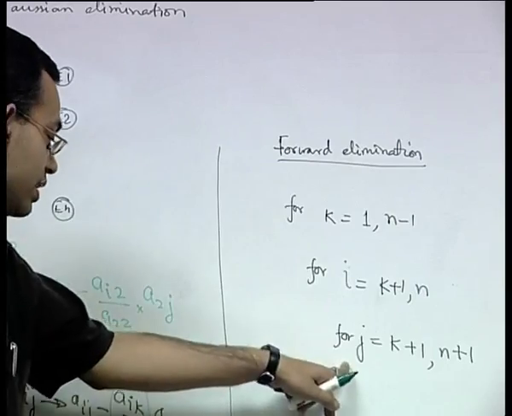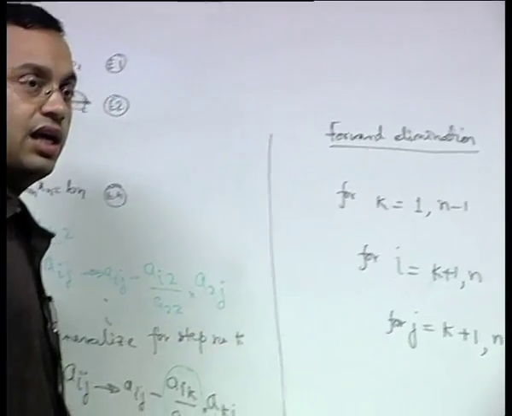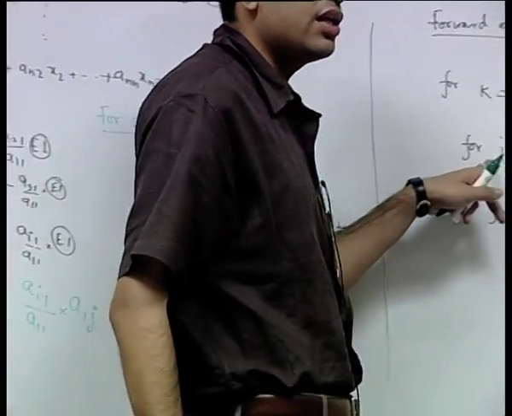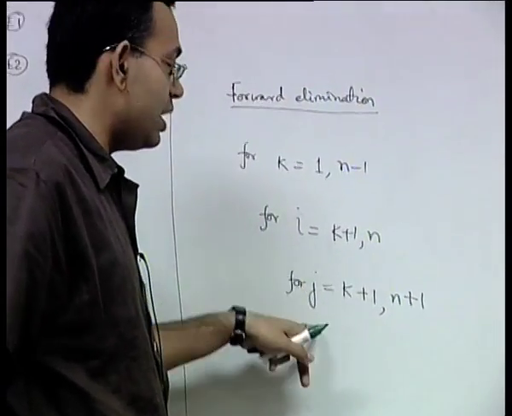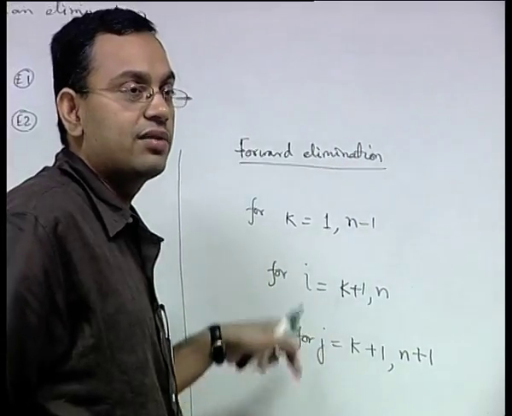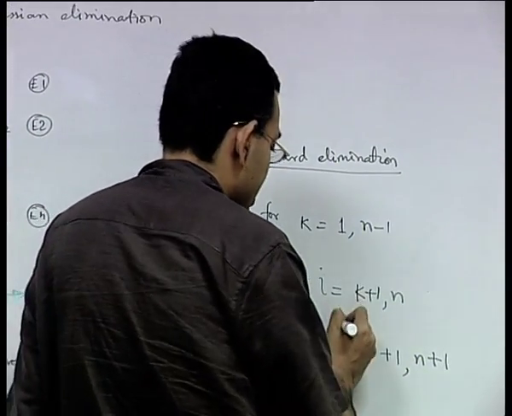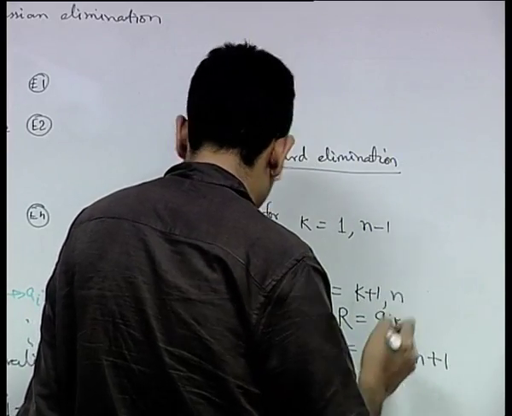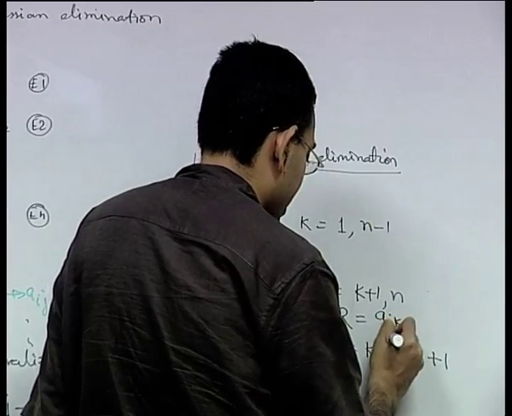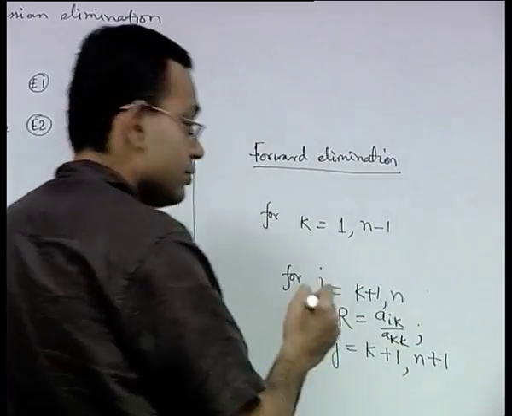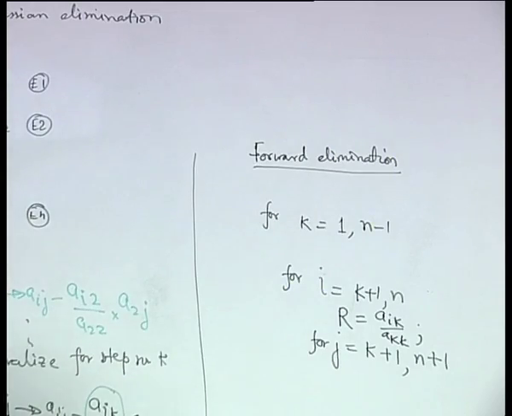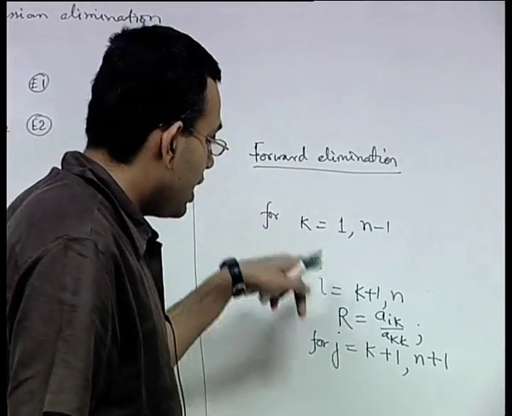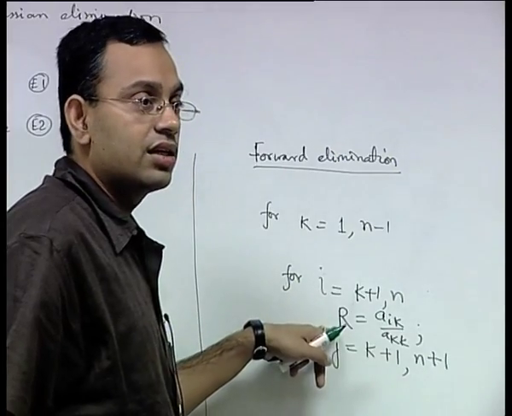Because once you enter the loop you require aik by akk. So if that is already ready before entering the loop you can just use that value. So let us say that you have r, the ratio, equal to aik by akk, because k is already known and i is already known, this is already specified.